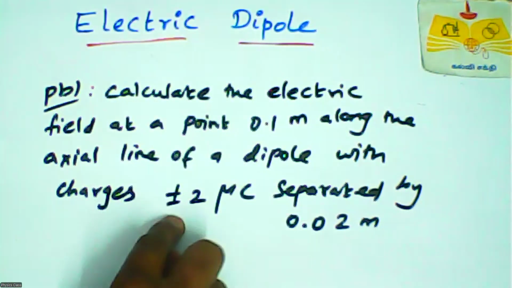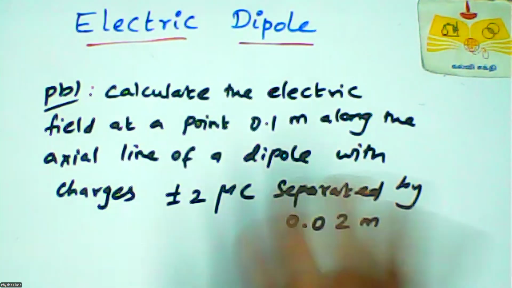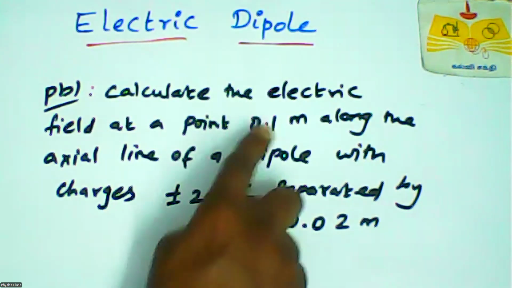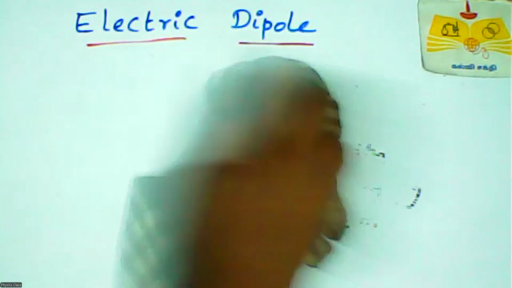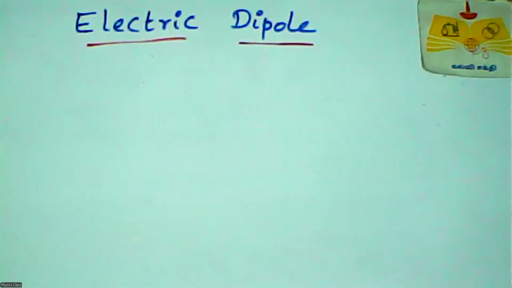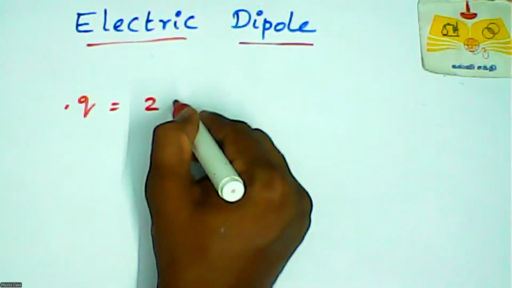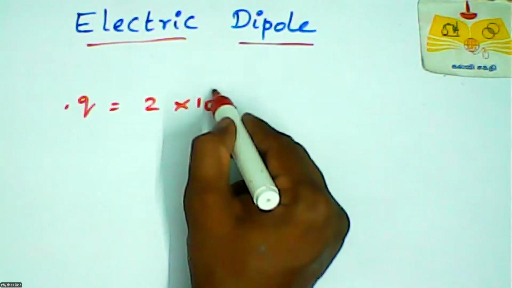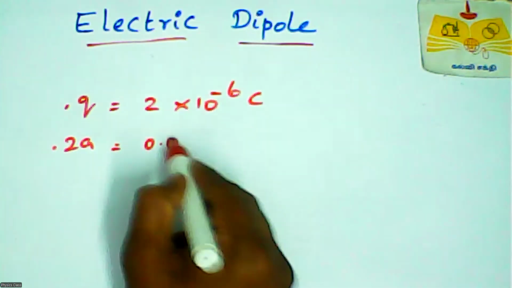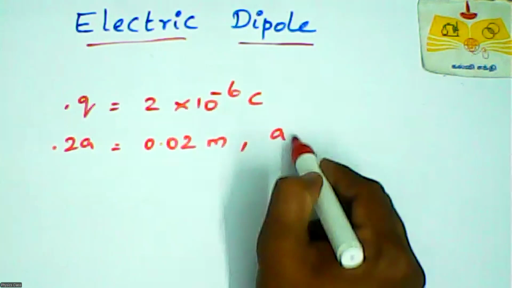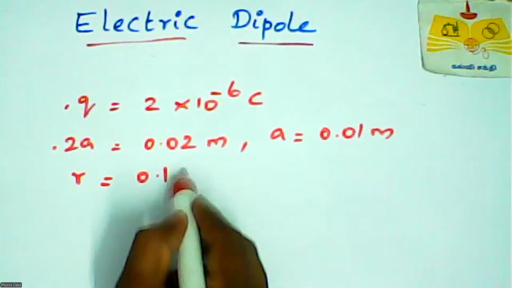Here you can see Q and the distance 2A, and from that you can calculate A, and here R. So Q is the magnitude of the charge, 2 microcoulomb. Micro means 10 power minus 6 coulomb. 2A is 0.02 meter, which gives A equal to 0.01 meter, and R is 0.1 meter.